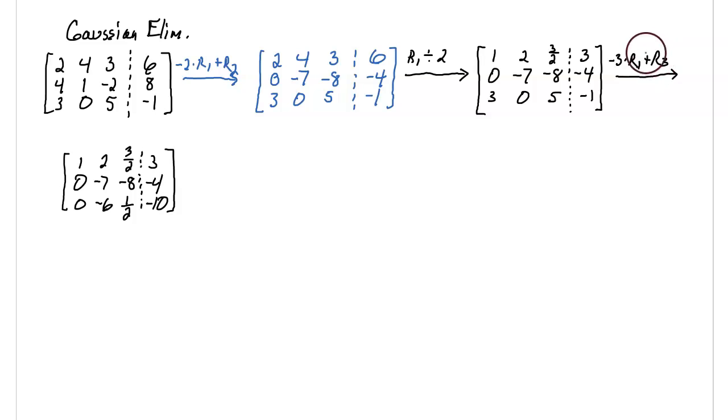The reason I selected that row operation is because it created a 0 in this bottom corner position.